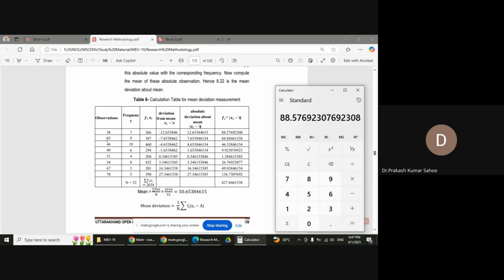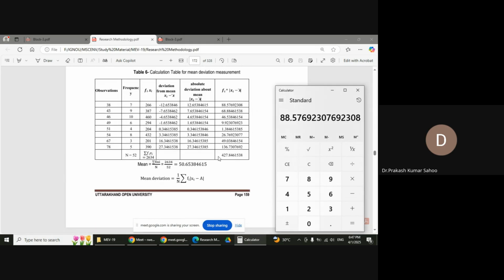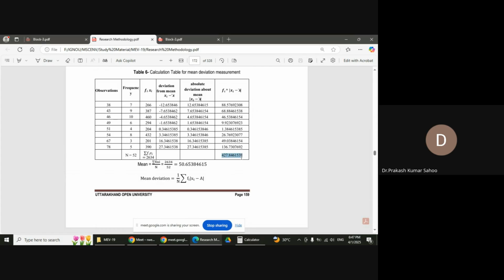So like this, all these data are calculated, and you will get the summation of data from the last column, that is fi, frequency into absolute mean deviation, and all these data get summed here.